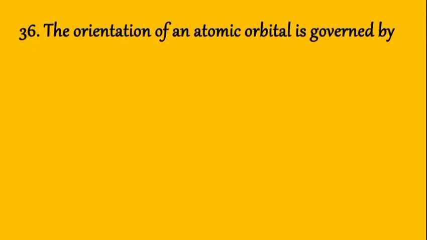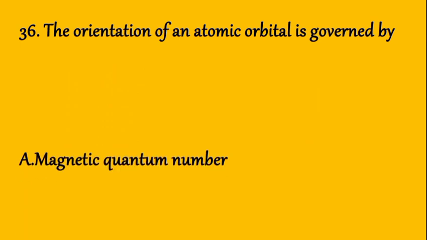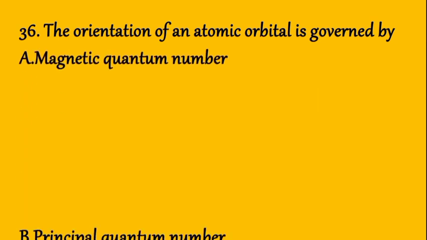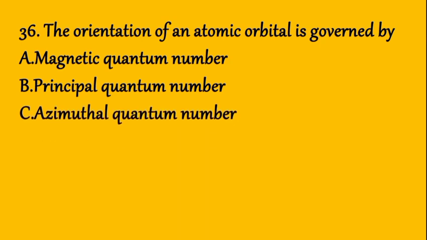Question number 36: the orientation of an atomic orbital is governed by A magnetic quantum number, B principal quantum number, C azimuthal quantum number, D spin quantum number. Each quantum number has its own role. The principal quantum number n gives the size and energy of an atom.